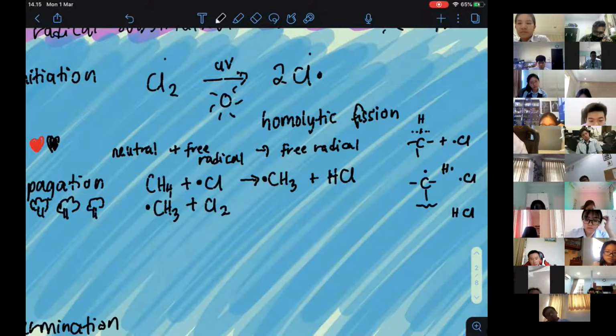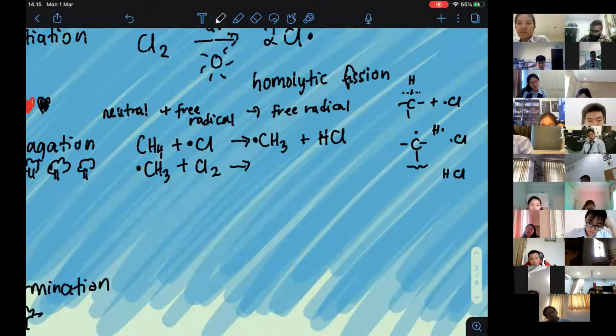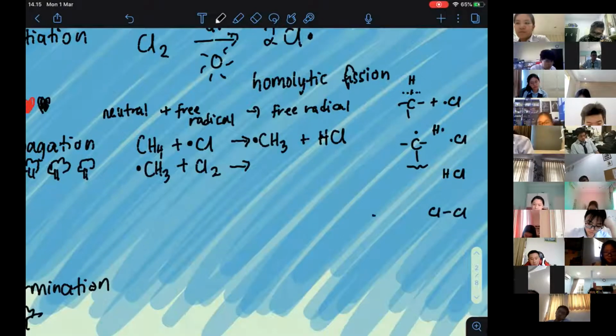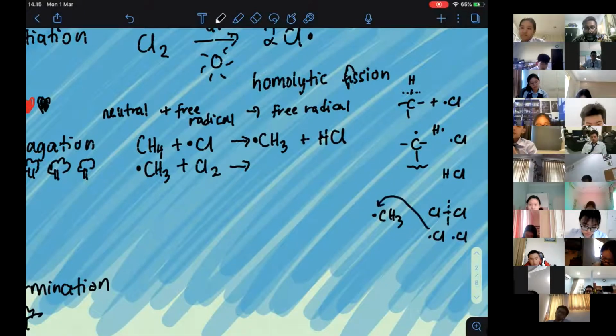What will happen now? There is another homolytic fission that will happen for Cl2. I'll just put it over here, Cl2, and then I have CH3. Homolytic fission will happen. You are going to get Cl dot, Cl dot. This Cl dot and CH3 dot will join together to give you CH3Cl.